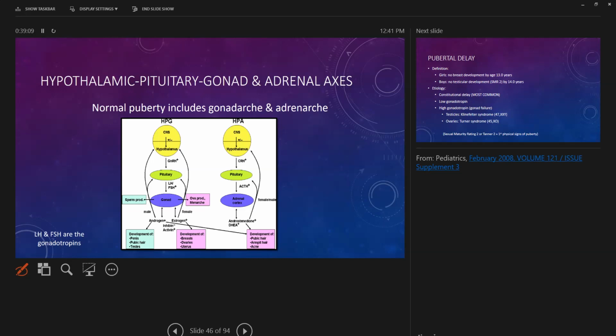So the adrenal axis, let's try to walk through this also. You've got the CNS stimulation to the hypothalamus. Then we also are going to have corticotropin releasing hormone, which then is going to target the pituitary to release adrenocorticotropic hormone, which then targets the adrenal cortex to release different compounds, these androgens and DHEA, which also are controlled by androgen production.